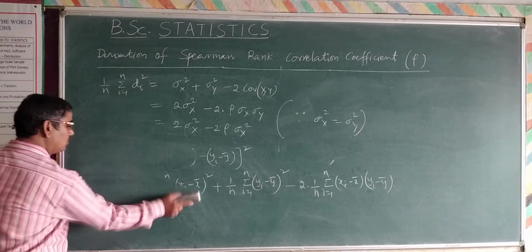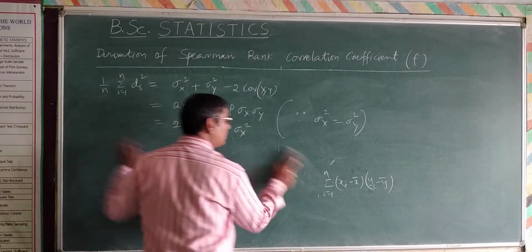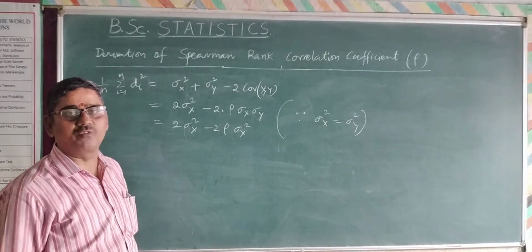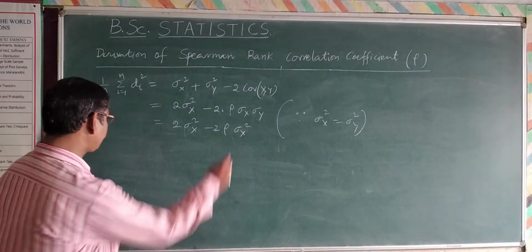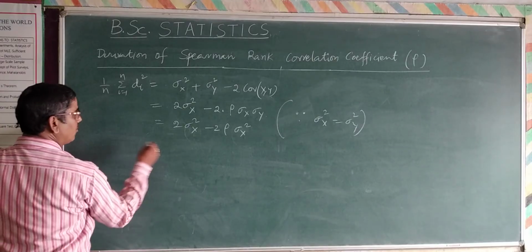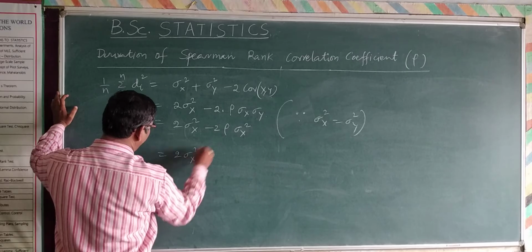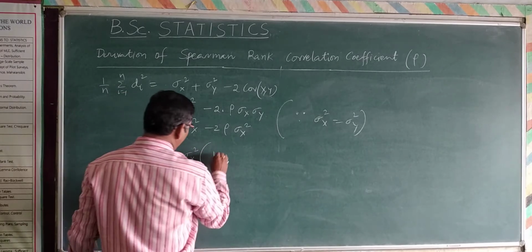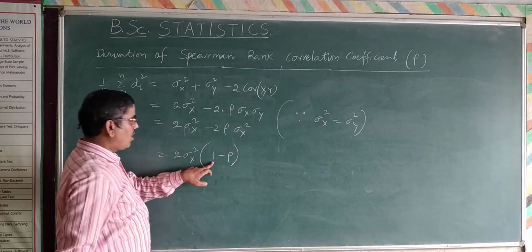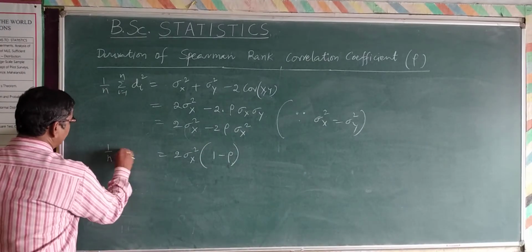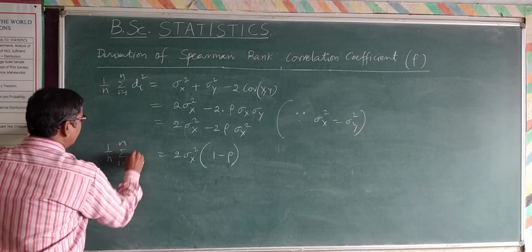Now we have to calculate the value of rho, the rank correlation coefficient. So if we take 2 sigma square x common, multiplied by 1 minus rho. What is the value of this? 1 by n summation i is equal to 1 to n di square.